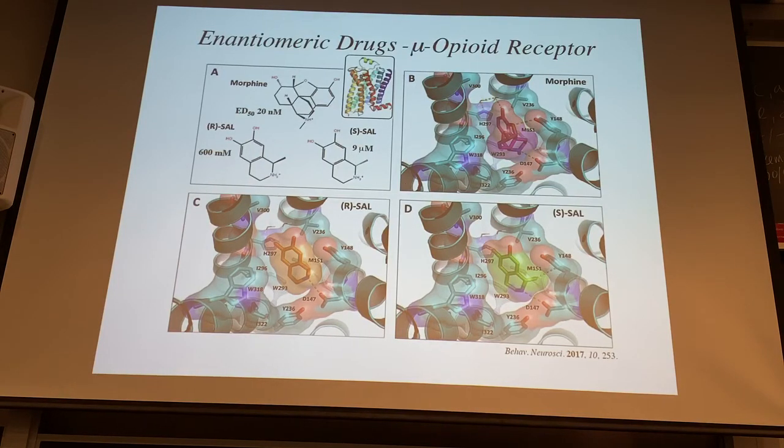And this one kind of has the methyl group pointing right into this side chain amino acid, which is aspartic acid, D147. Those are the numbered amino acids on the protein backbone, if you know anything about proteins. But this binds in that same orientation, but it sticks right into aspartic acid there with that methyl. Whereas the S form is more potent. It's at 9 micromolar, 10 to the minus 6 molarity, which is still pretty potent, okay?